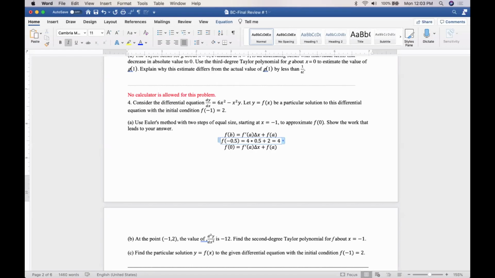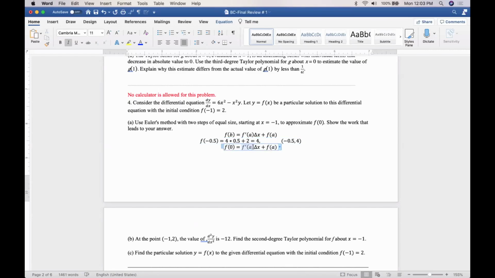So the new point that we have is -0.5 and 4. These are the numbers that we're going to use in the next one.